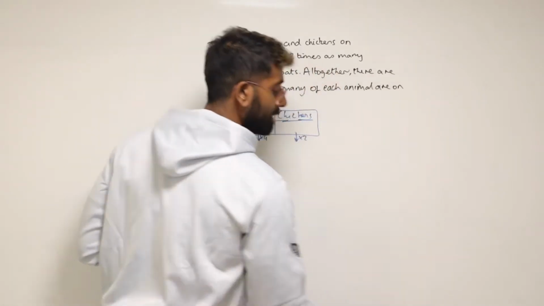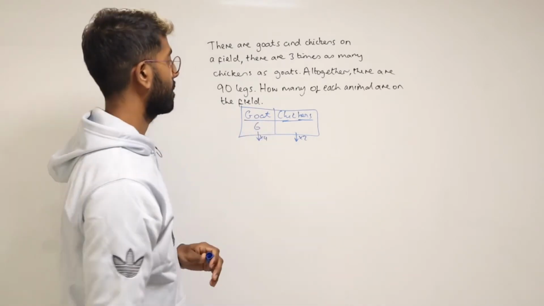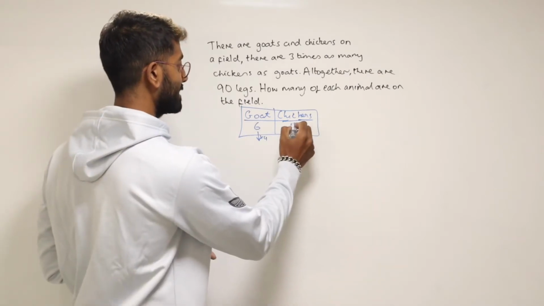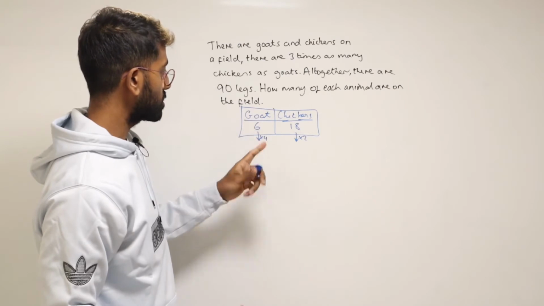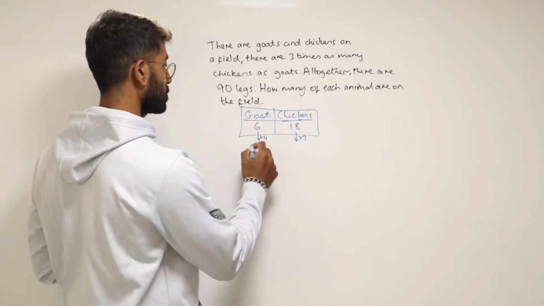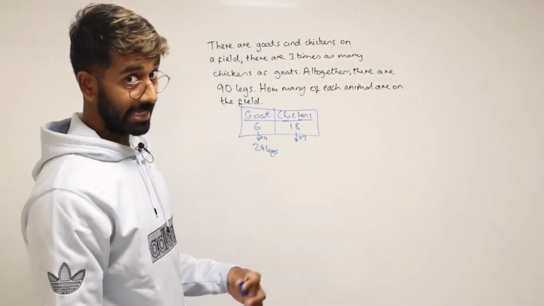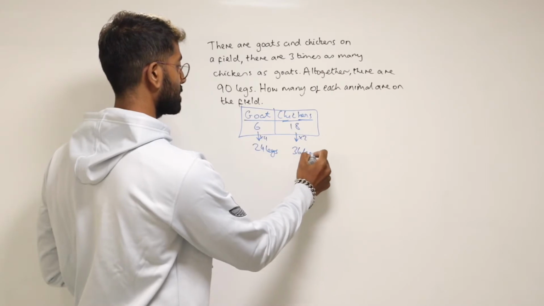Let's pick something bigger, let's say 6 goats. If there are 3 times as many chickens, there's going to be 18 chickens. 6 goats times 4, 6 4s, is 24. Then 18 chickens times 2 gives us 36 legs there.